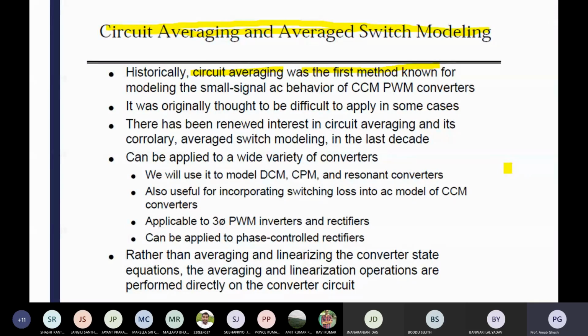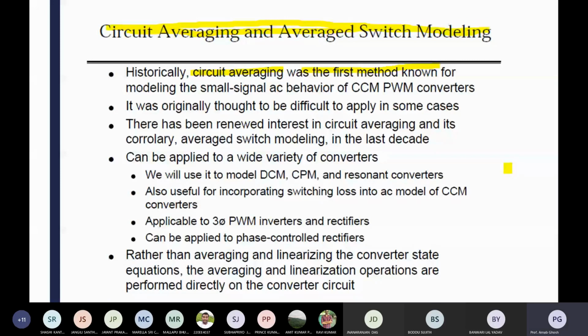The year may be different, but you can check and get that paper. That time was very old. They first proposed this small signal modeling method; these two professors are the first inventors of this method.